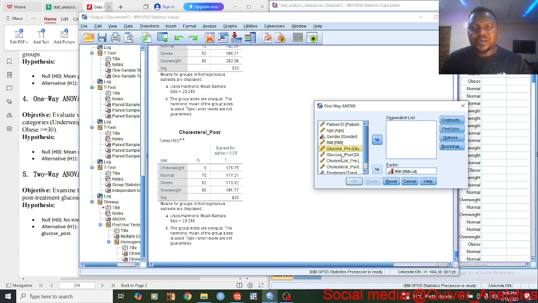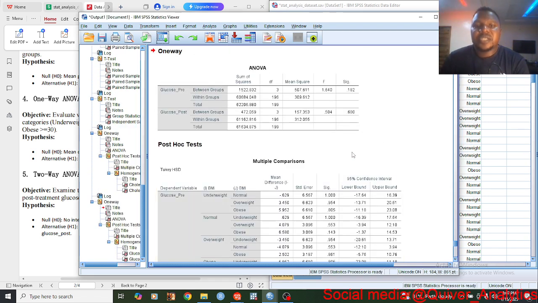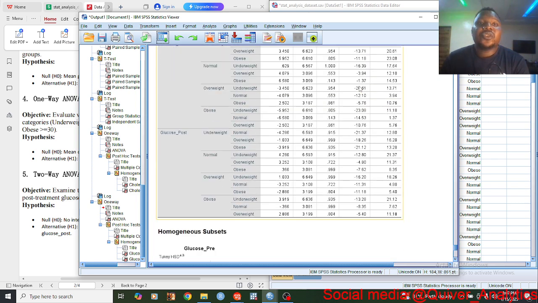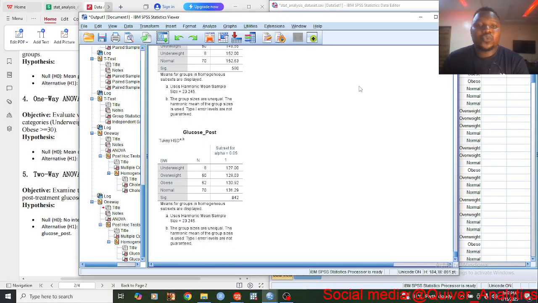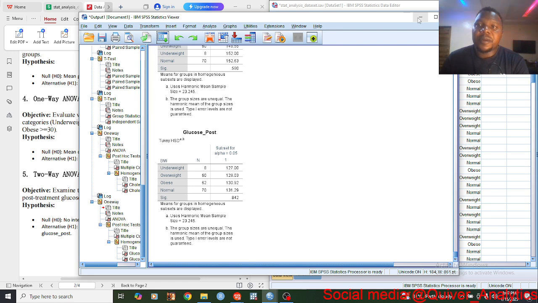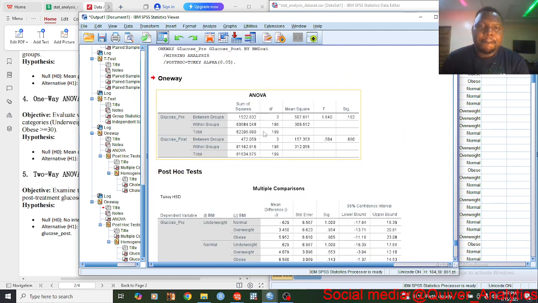Here we can say that the treatment A and B, okay, this is not treatment, it is across the BMI. Here again, no difference. You can't say there's any difference in the glucose levels across the BMIs.